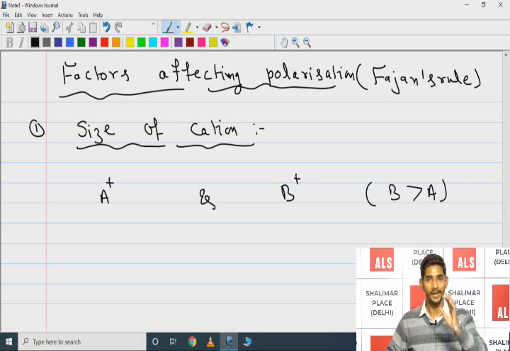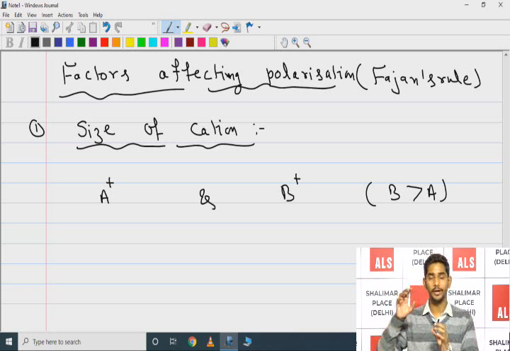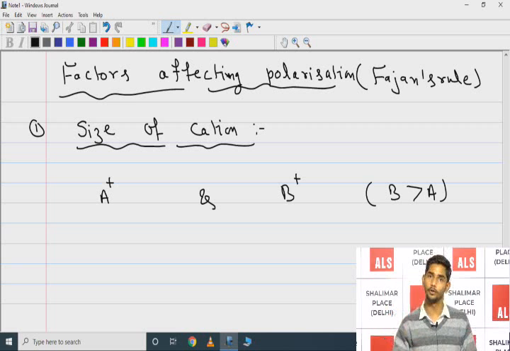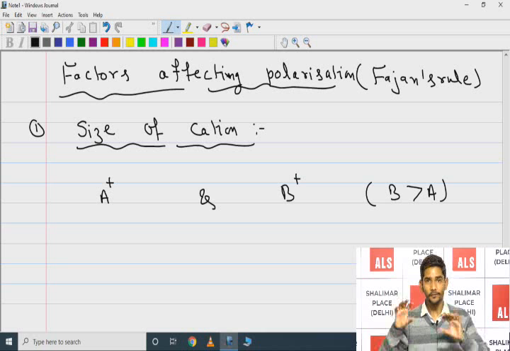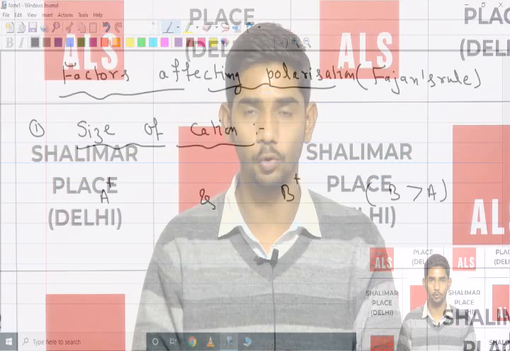Now, if nuclear force is less, the attracting power of the cation to attract the anion would be less. If the attracting power of the cation is less towards the anion, there will be lesser deformation in the electron clouds of the anion.